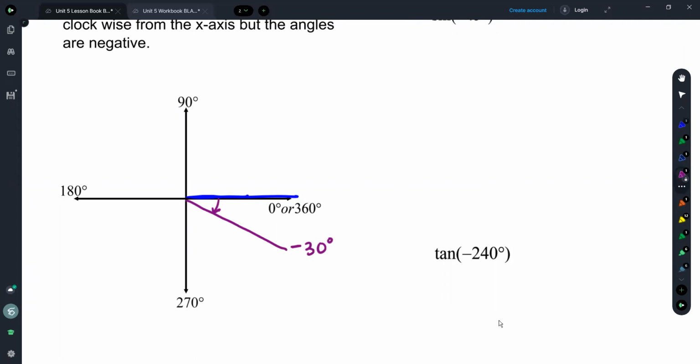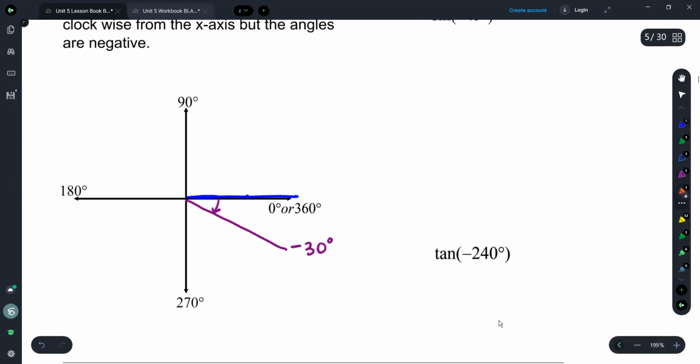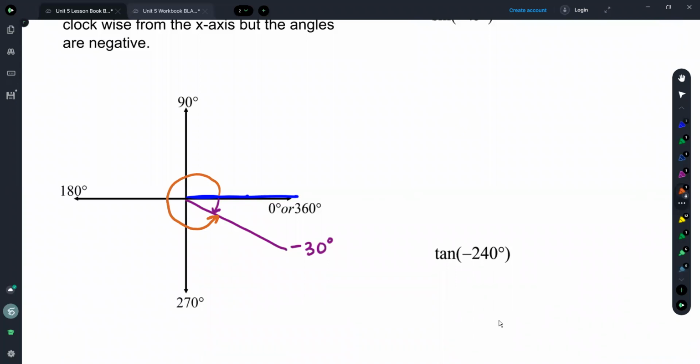So I can switch negative angles into their positive versions by thinking, what angle, if I rotated this way, would have the same location? So if I rotate 30 degrees this way, what's the rotation counterclockwise that would result in a terminal arm in the same location? Josh? 330.